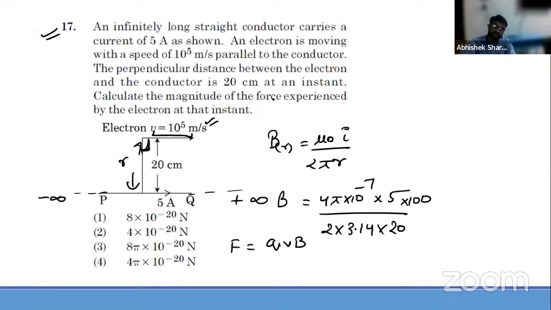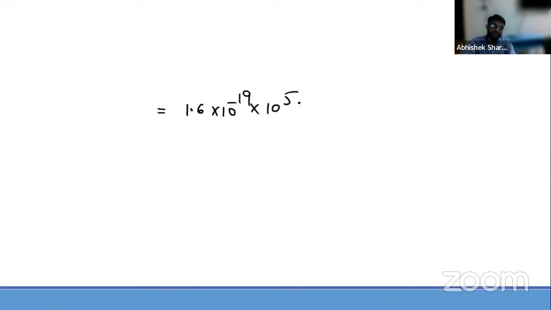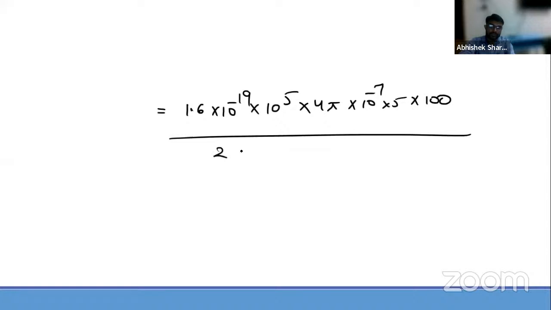Q value, the charge on an electron, is 1.6 into 10 minus 19 coulomb. Velocity is 10 to the power 5 meter per second. Magnetic field is this much: 4 pi into 10 minus 7 into 5 into 100, denominator 2 into 20 into 3.14.